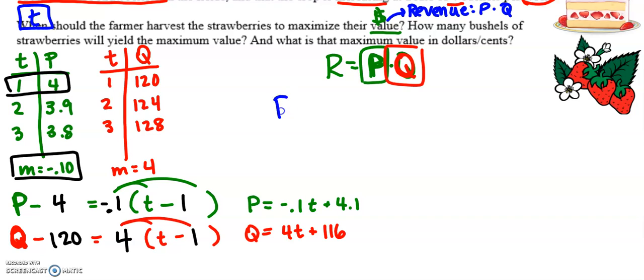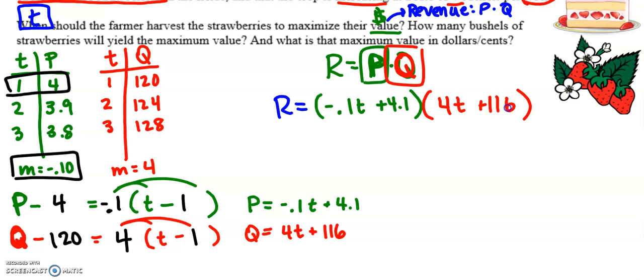My revenue up here is going to be equal to the price that I'm selling the strawberries times the number of bushels of strawberries that I'm actually selling. Right? Price times quantity gets us revenue. So cleaning up this revenue equation, I'm just going to multiply together.